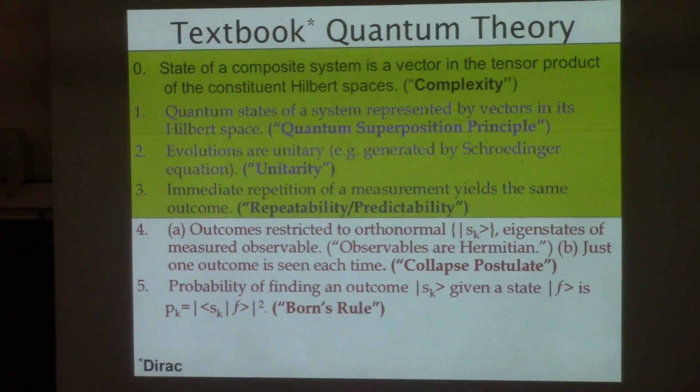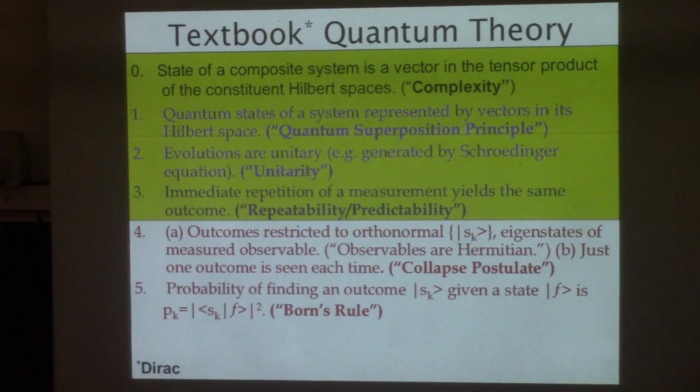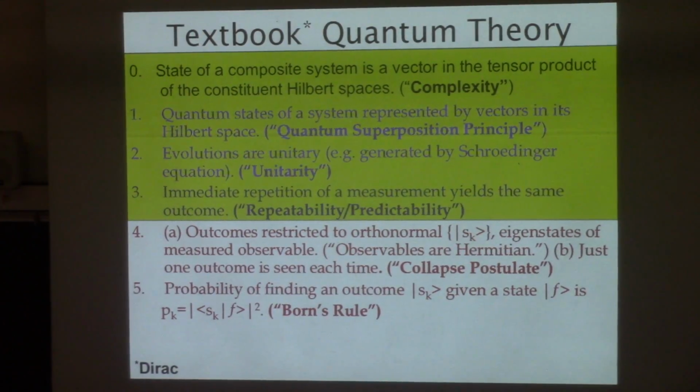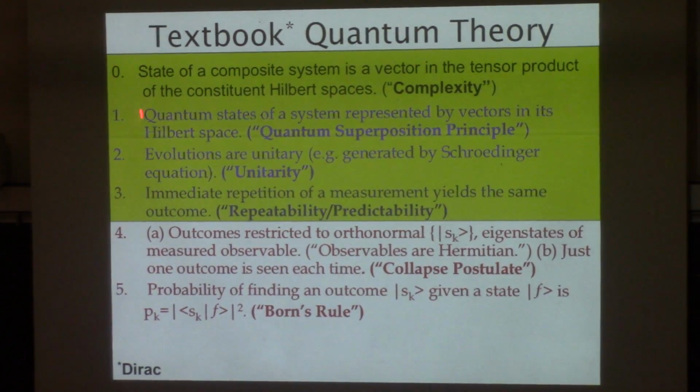So our plan for the remaining 25 minutes is to accept the top of the list, the stuff in yellow: Hilbert space, unitarity, repeatability, and tensor products, and see how much of 4 and 5 we can deduce from 0 to 3.